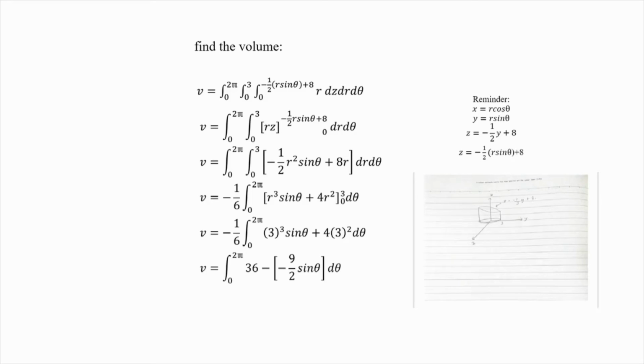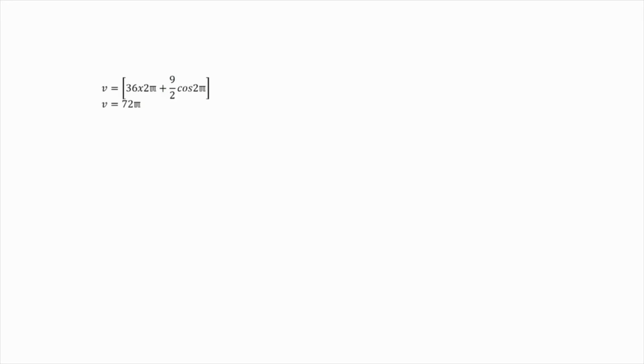After that, we integrate over dr with limits 0 to 3. We get negative r cubed sin theta over 6 plus 4r squared, and we put the limits into the equation. We get 36 minus 9 over 2 sin theta d theta. Last, we integrate d theta, and we get 36 theta plus 9 over 2 cos theta with limits 0 to 2 pi. So the final answer for V is 72 pi.